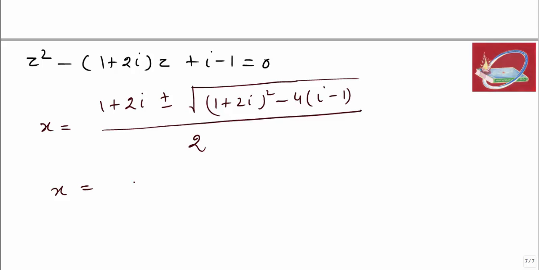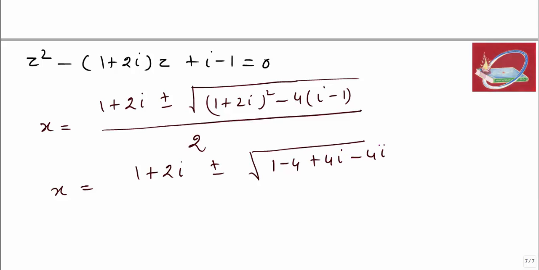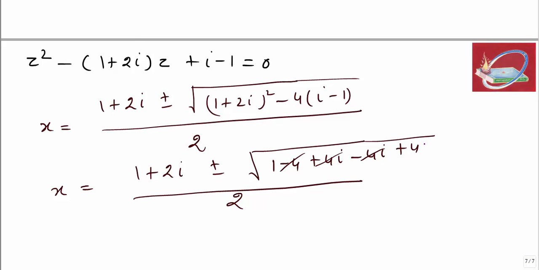So x is equal to (1 plus 2 iota) plus minus under root of 1 minus 4 plus 4 iota minus 4 iota plus 4, upon 2. You can see that this will get cancelled out, 4 also gets cancelled out.